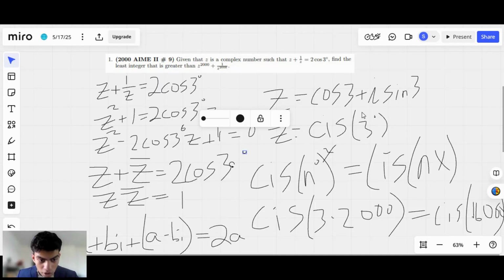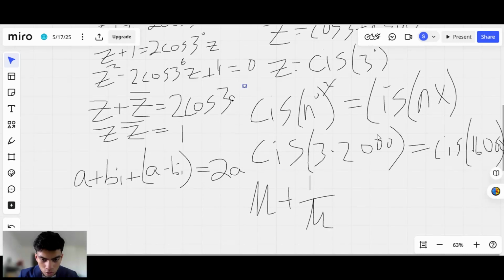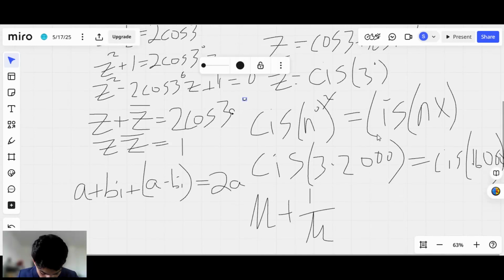Now here's what we can do with the requested value. It's requesting z to the 2000 plus its reciprocal. Well, we can represent z to the 2000 as just simply u plus 1 over u. Now, if we plug in this value for u, we can get the reciprocal of that value.